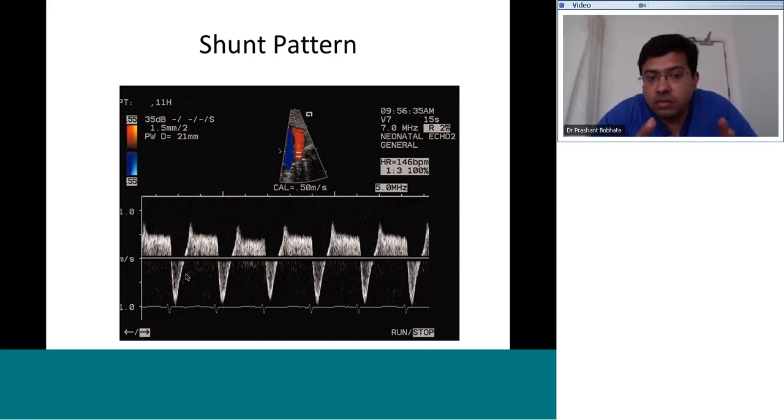As I said before, this is predominantly a neonatal talk because that's where we're going to manage the PDA medically. The closure of the PDA in infancy and later will be taken up in the next lecture.